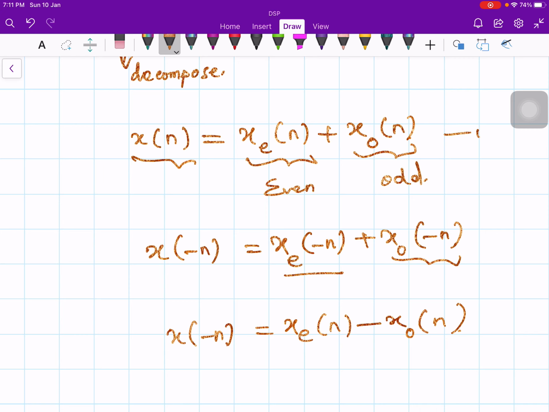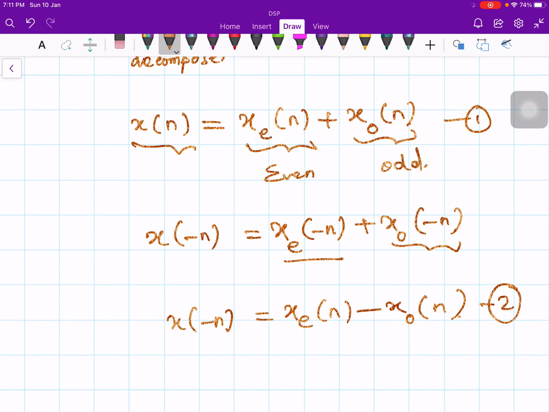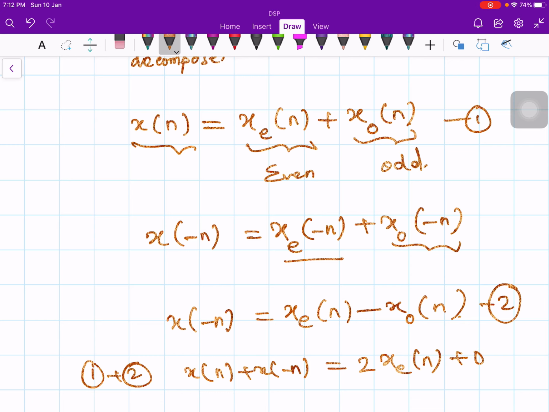Let's call this equation number 1 and this equation number 2. Now add these two, 1 and 2. So x of n plus x of minus n is equal to 2 times x suffix e of n, and this odd part will be 0.